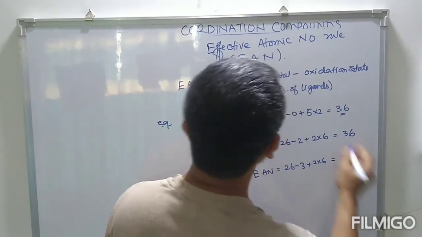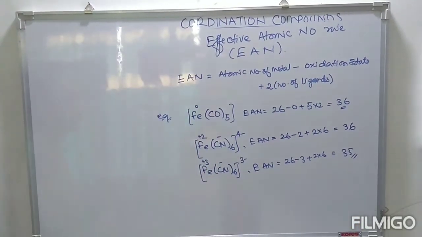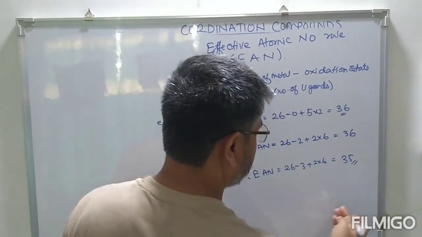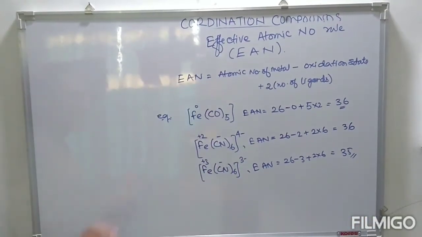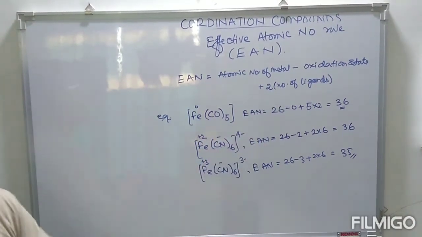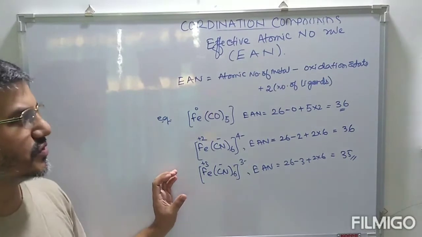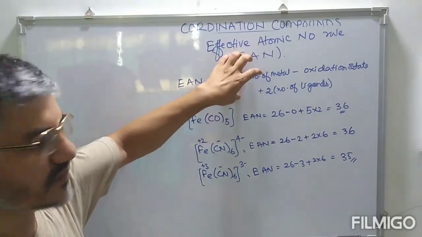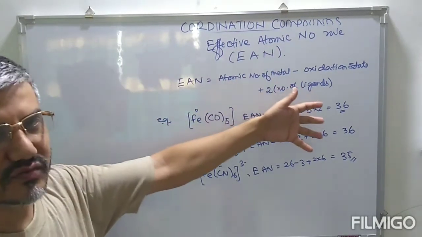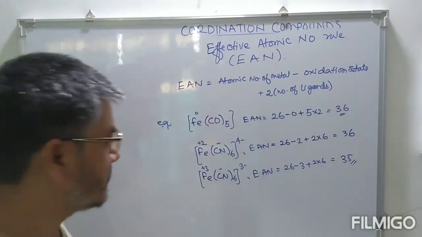So there is a violation of this EAN rule. So simply saying, this is how you calculate the effective atomic number. To define this effective atomic number, you should know the atomic number of the metal, oxidation state, and the number of ligand atoms that are bonded to central metal.